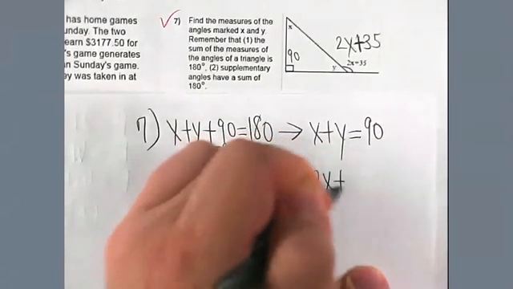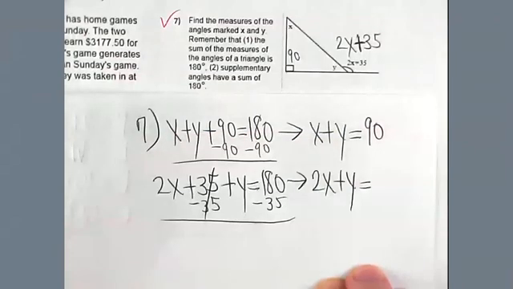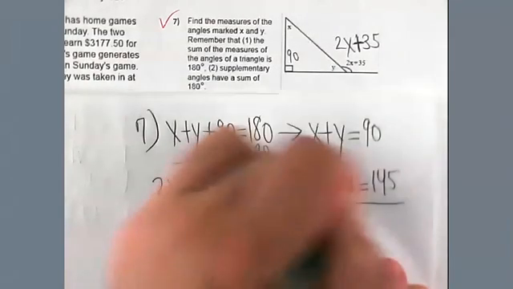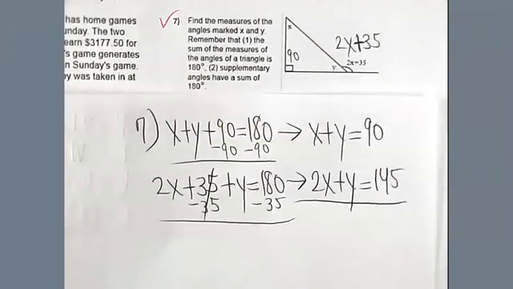So our revised second equation is 2x plus y equal to 145. Now, before we pick the method we want to use, any questions, y'all, about the setup?